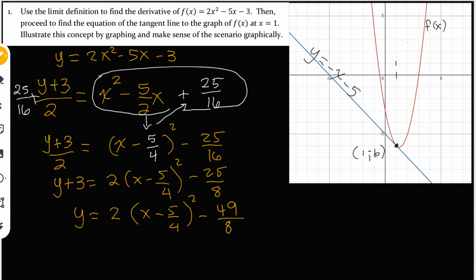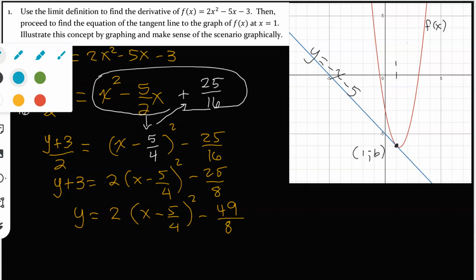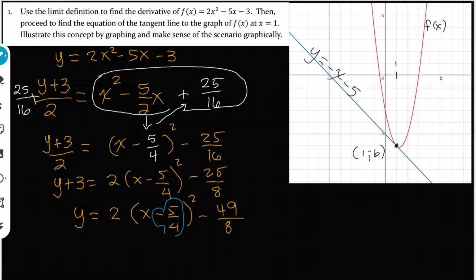So what does that tell me? This is being shifted to the right 5 over 4, and down 49 over 8, which means my vertex is at 5 over 4, which is 1 and 1/4, and negative 49 over 8, which is negative 6 and 1/8.